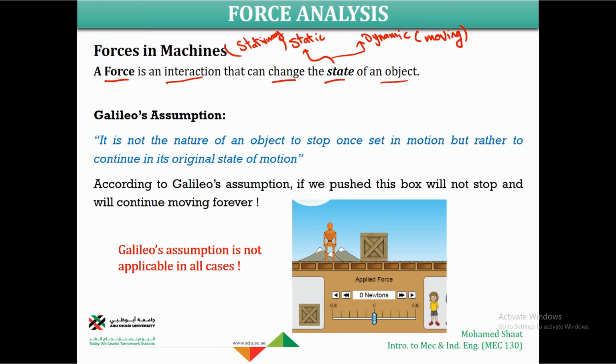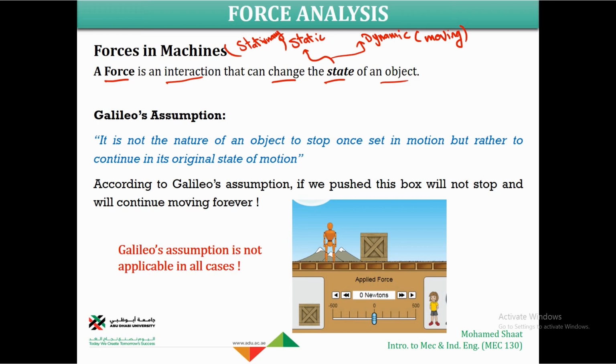This force is represented by the pushing that you give to the box. If you push the box, you are acting on it with a force. This force should be big enough to move it. So you are changing the state of this box from the static to the dynamic, or from the stationary state to the moving state. So this is what a force means.